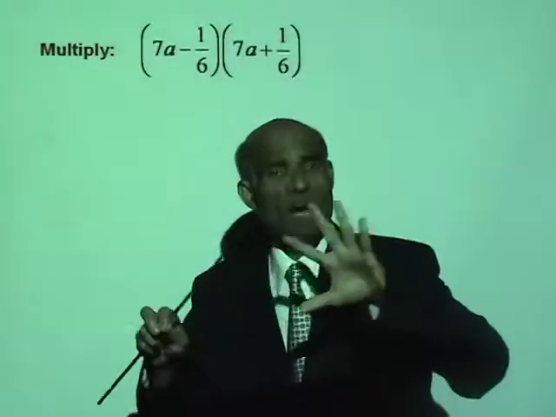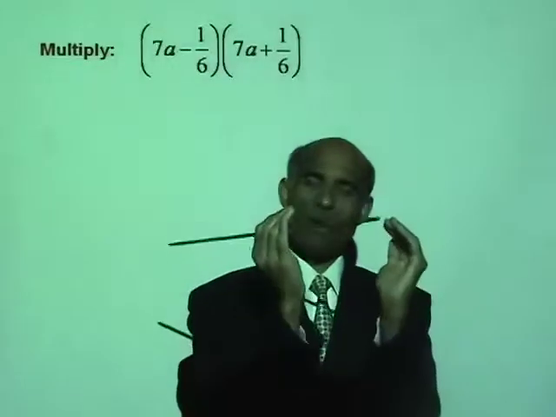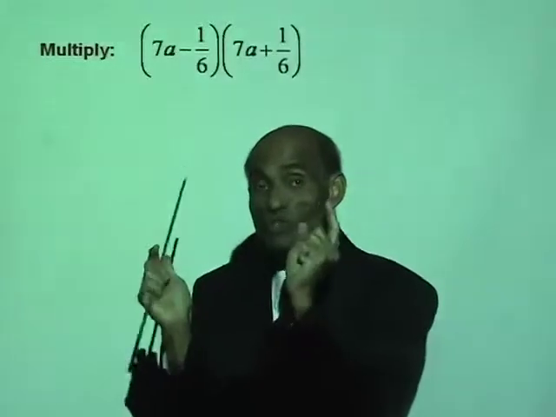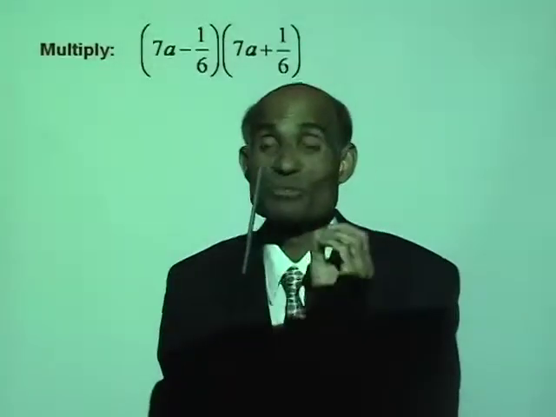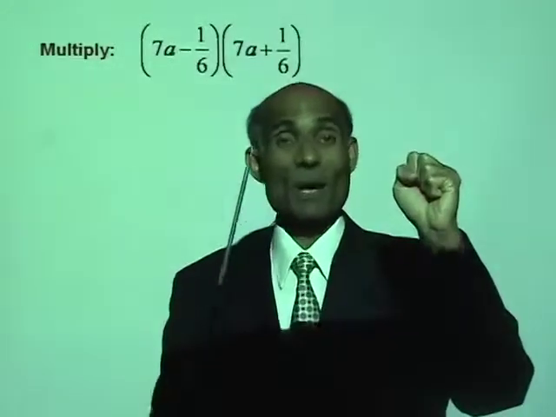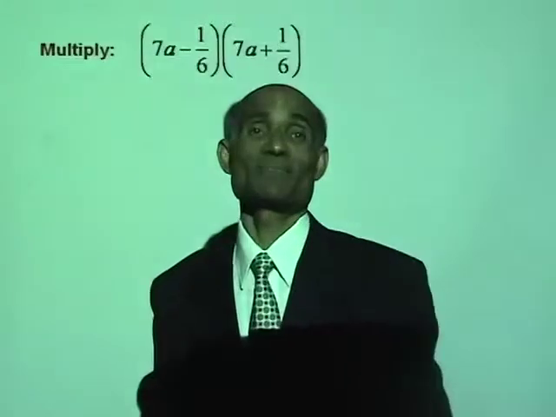You don't need to worry about the sign, because as long as one is the sum of the two numbers and the other is the difference of the same two numbers, the result will be the square of the first minus the square of the second.